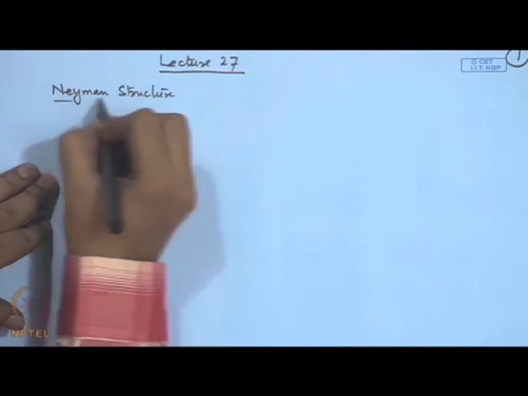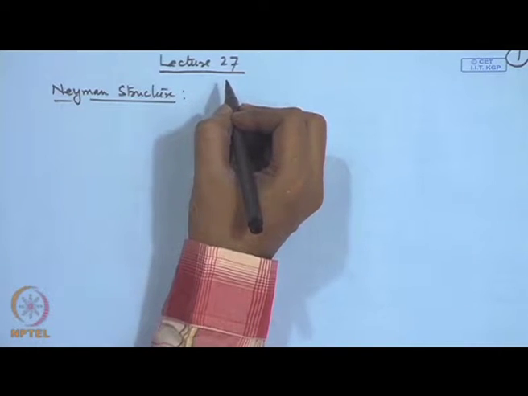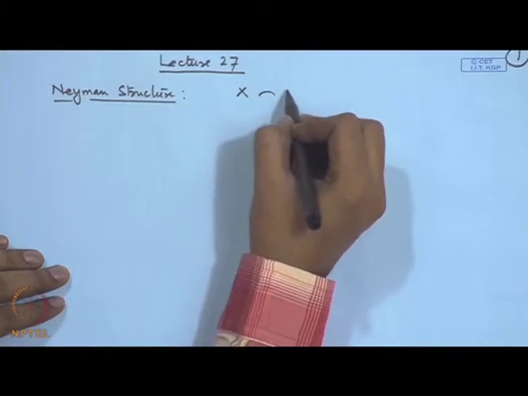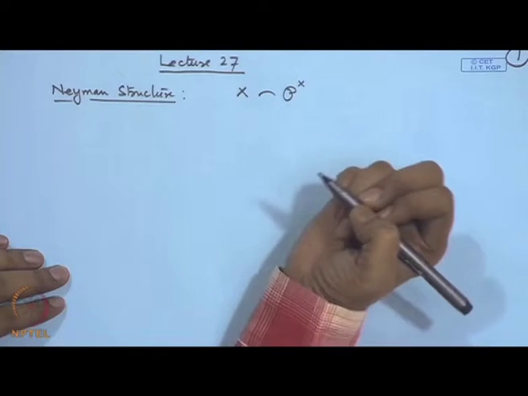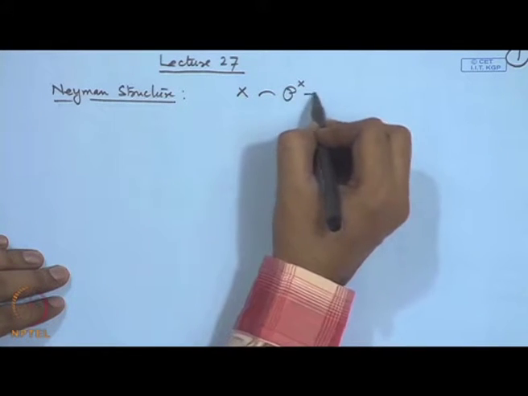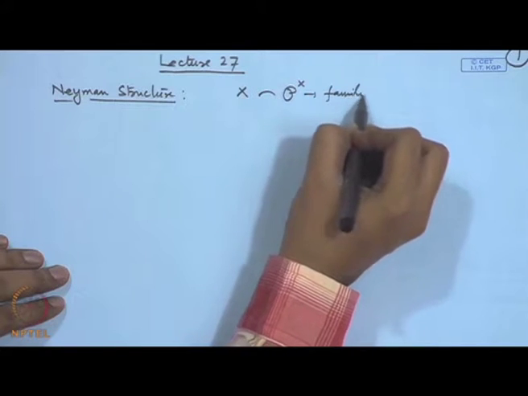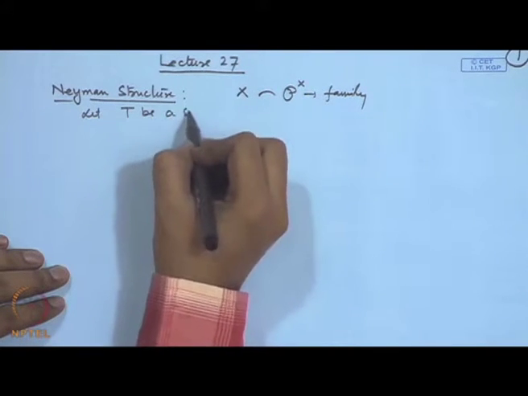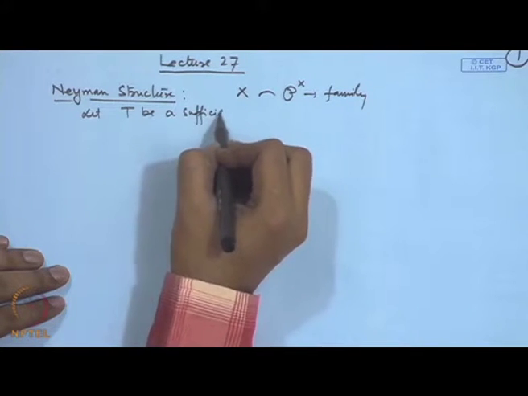What is a test with a Neyman structure? As usual, we have a random variable or a random vector X which has a distribution, and we say the family of distributions is P. Let T be a sufficient statistic.